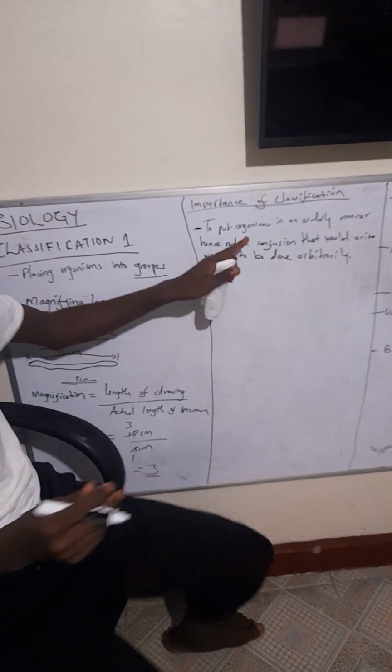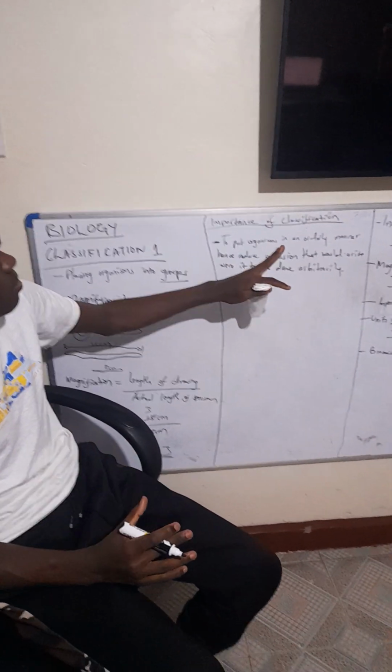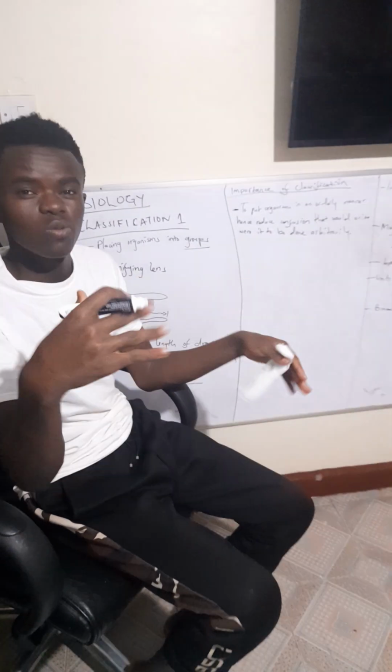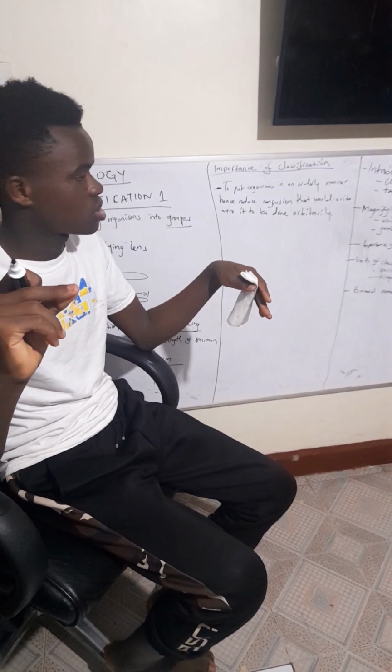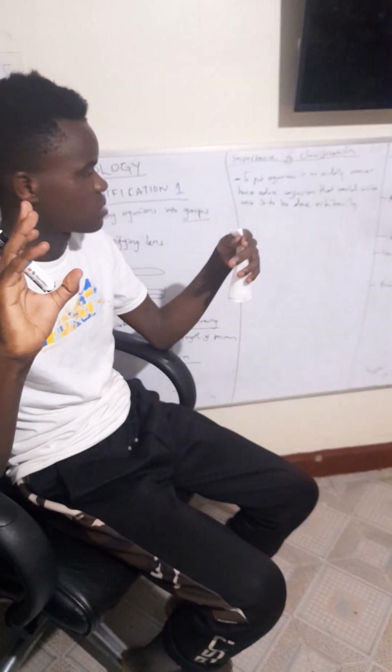So that's one importance of classification. Remember, when we put them in an orderly manner, it's going to be very simple for the scientists to identify which organism we are talking about. That's one importance of classification.